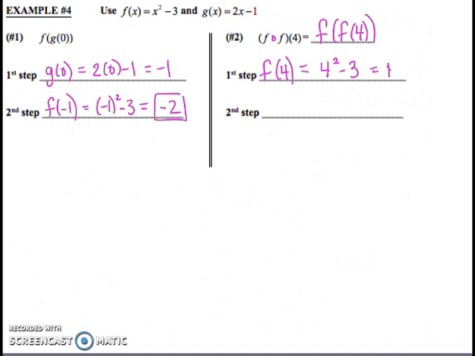And then we're going to take that and plug it back into f again. So our second step here is going to be to find f of 13, which is going to be 13 squared minus 3. 13 squared is 169. 169 minus 3 is going to give us 166 for our final answer.